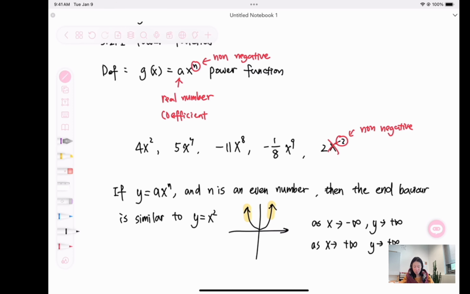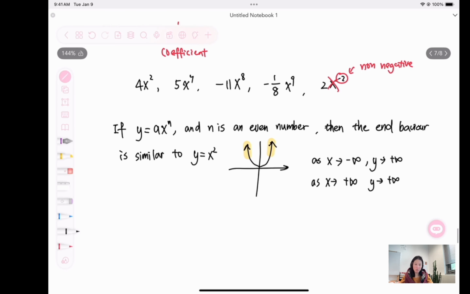So we all learned the transformation of a function. What if I put a negative? Well, if the coefficient is negative, then the function is going to be upside down, such as y equals negative 4x to the 8th. The 8th tells us that this is going to look like a parabola, and the negative tells me this is going to be an upside down parabola.